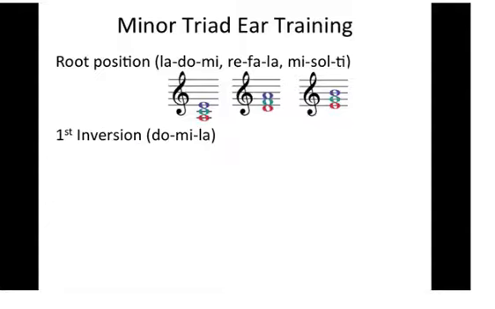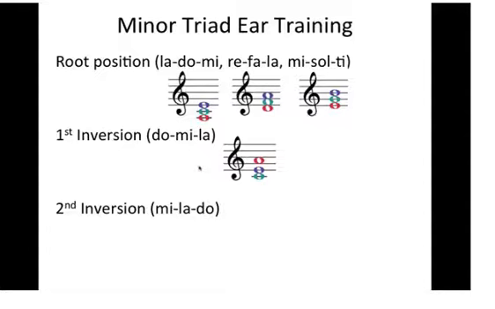First inversion might sound to you like do, mi, la, instead of do, mi, sol for major. Do, mi, la, first inversion minor triad. Second inversion, mi, la, do. And again, listen for the perfect fourth on the bottom of the second inversion triad, just like in major.